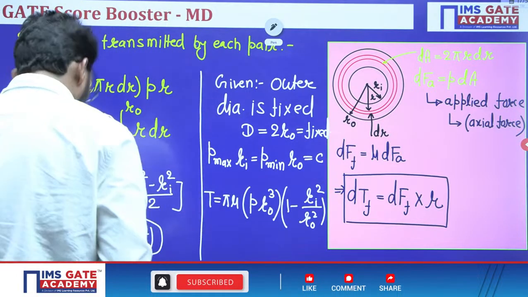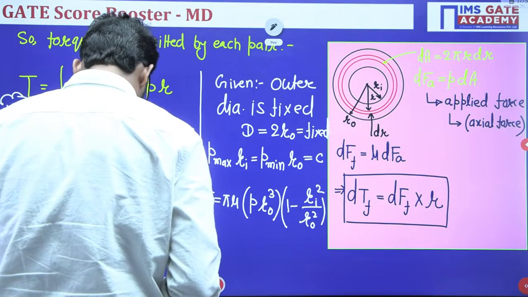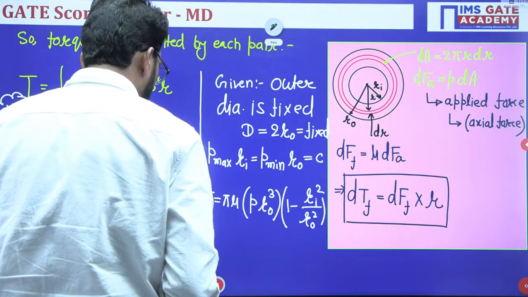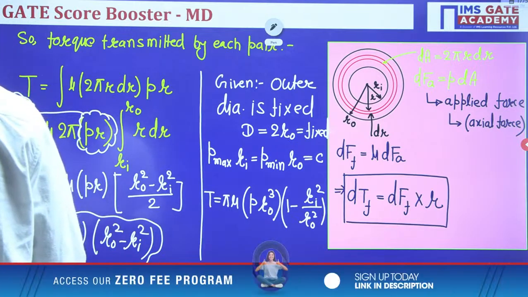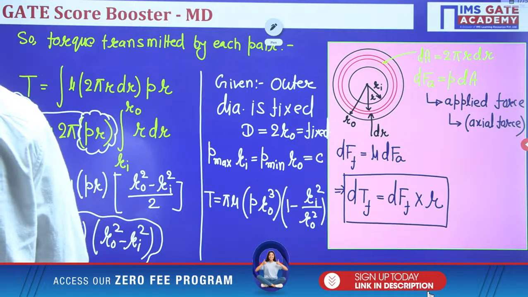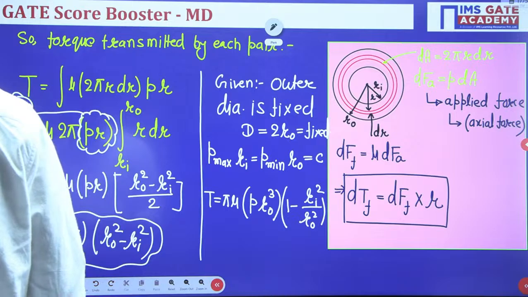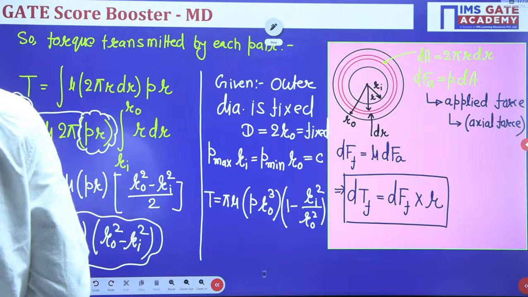Okay, one second. Here Ri, one second beta, Ro we will take common.